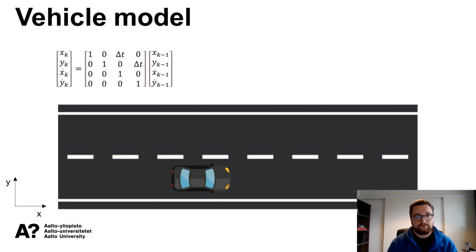So this is our vehicle model, but it's still lacking a little bit. It cannot be exactly like this. If we think about it a bit, we were saying that the velocity in both x and y direction stay the same, and that is probably not a very good model. That is quite rigid.